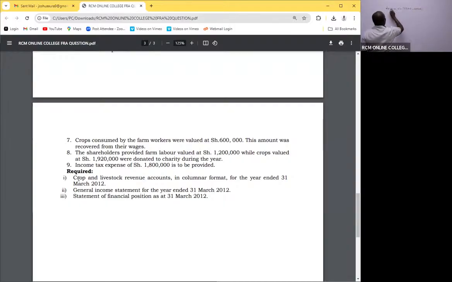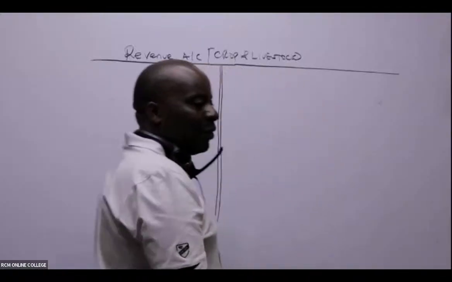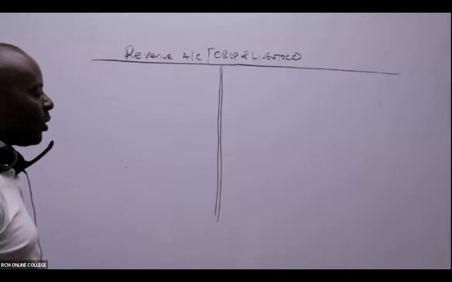So for those of you who have got rulers, nice rulers, ensure that you use them very well. So we have our revenue account for crop and livestock.